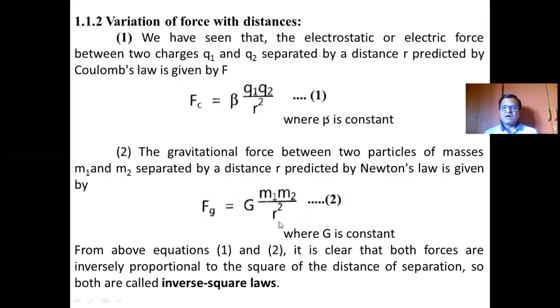That is, if distance r increases, then force decreases. In case of Coulomb's law also, if r increases, then force Fc decreases. And in case of gravitational force also, if the distance between the two particles or two bodies increases, then the gravitational force decreases.